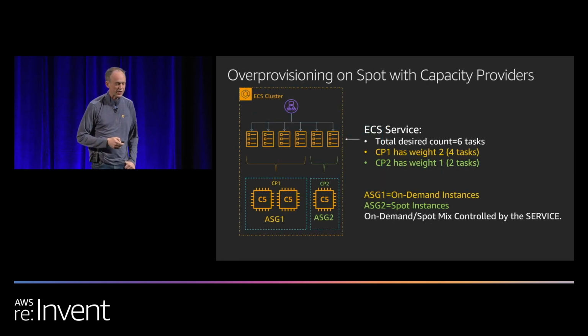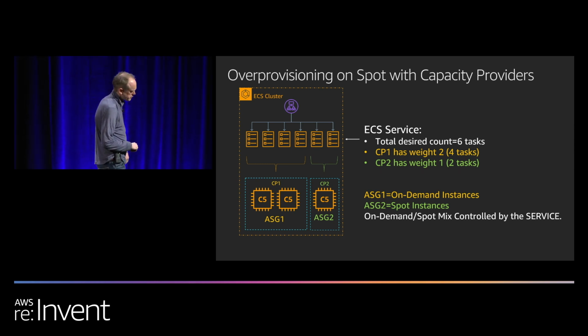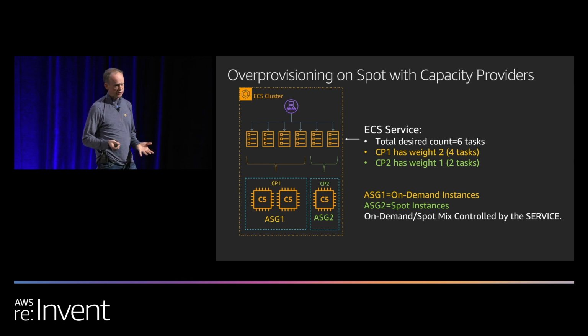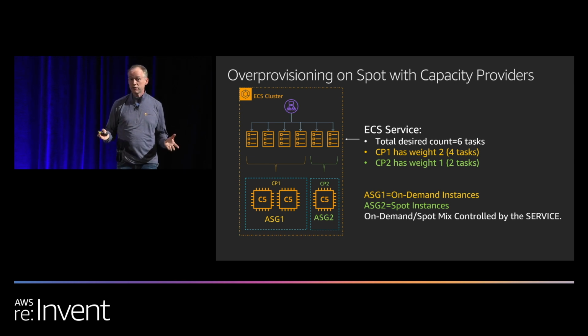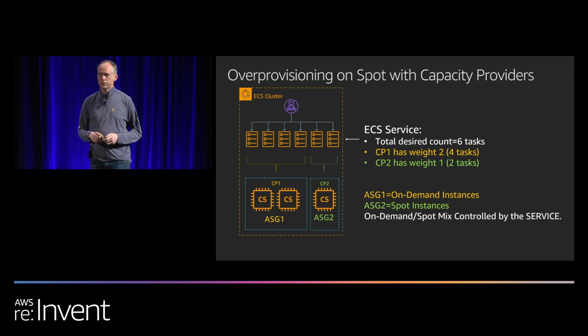So here's how you actually use capacity providers to over-provision on spot. If you have an ECS service running and it's got 6 tasks, a desired count of 6, or it can be whatever, but I'm just using 6 as an example. When you run that service, you can use what's called a capacity provider strategy for the service, which defines how it should use the capacity providers in the cluster.